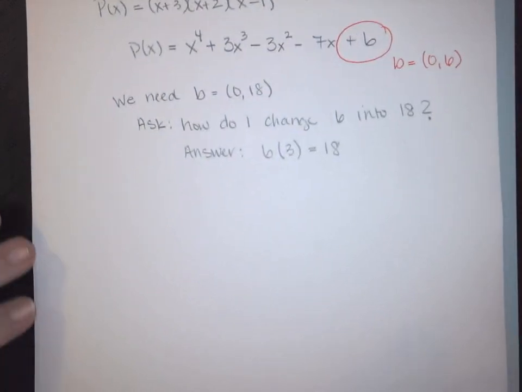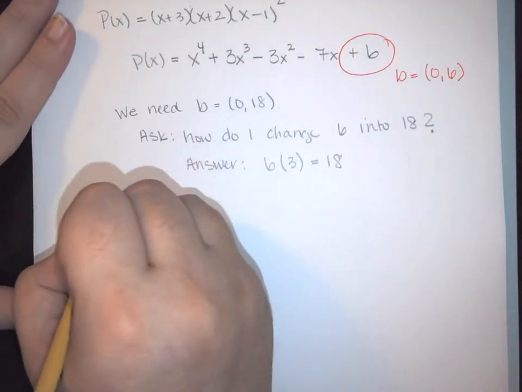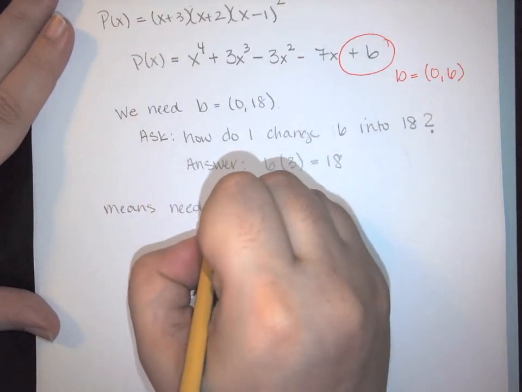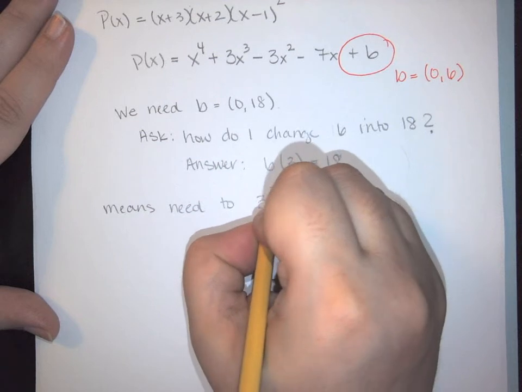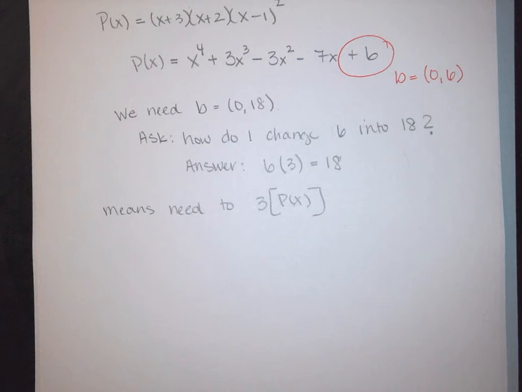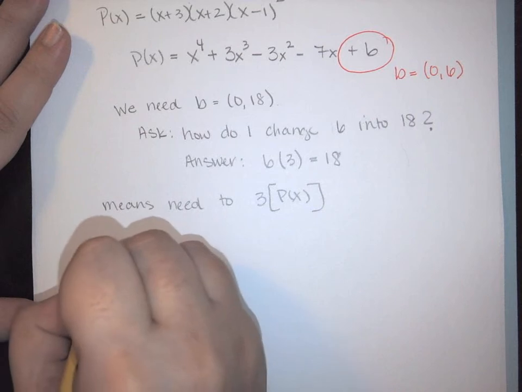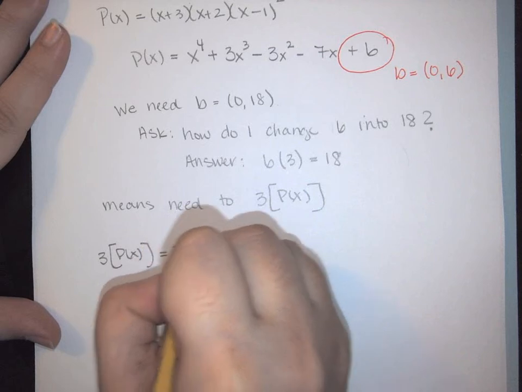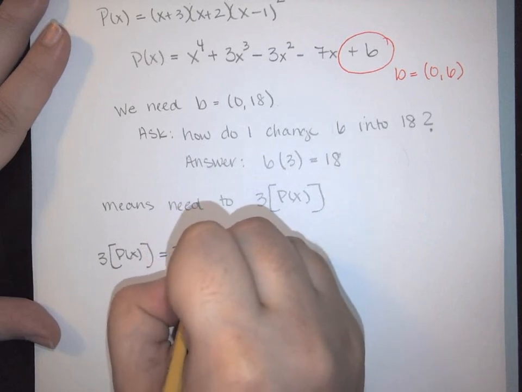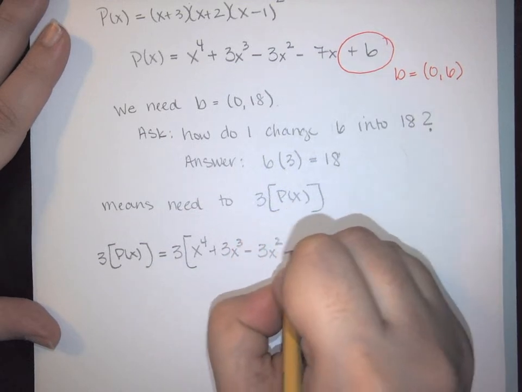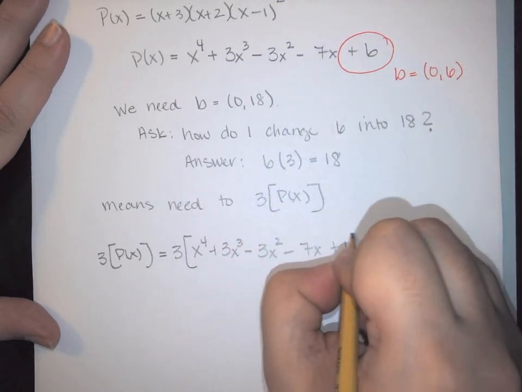So what does this mean? This means you need to do 3 times your polynomial. So 3 times my polynomial is going to be 3 times x to the 4th plus 3x cubed minus 3x squared minus 7x plus 6.